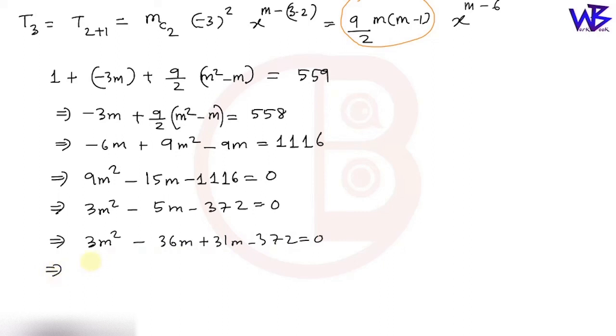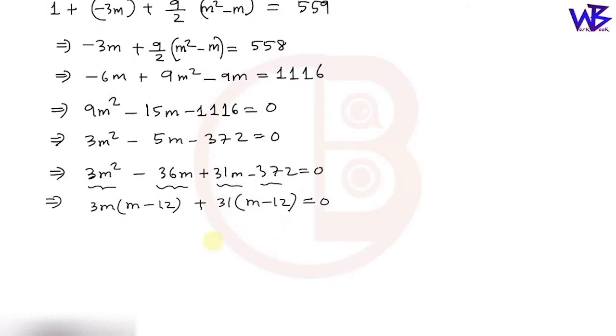If I take 3m common from the first two terms, I'll get (m minus 12) in the bracket, plus, if I take 31 common from the last two terms, I will get 31 times (m minus 12) is equal to 0, which indicates (3m plus 31) into (m minus 12) is equal to 0.